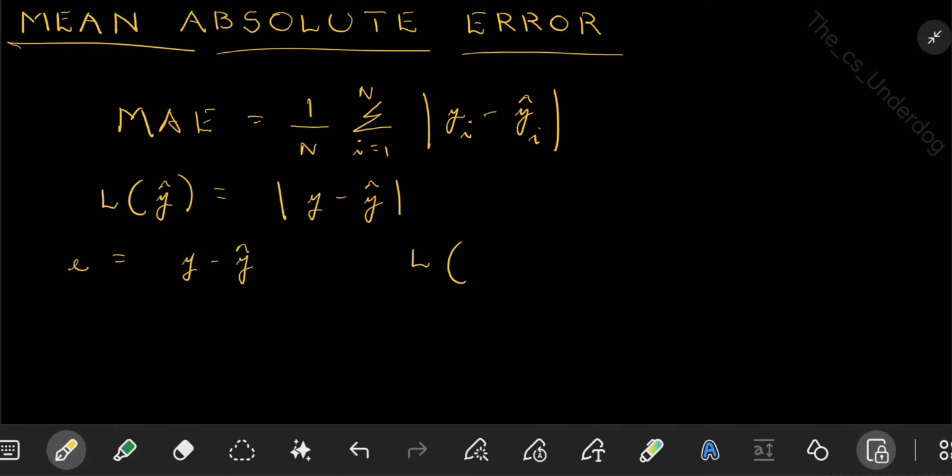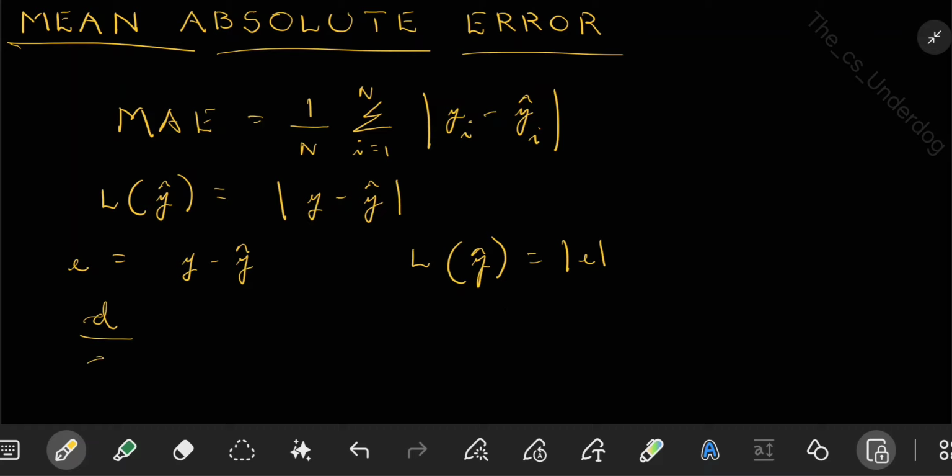And what is my loss? Loss can be written as mod E, because loss is mod of y minus y cap. So I can write it as mod of E. The next thing is I'm going to differentiate with respect to this residual. So with respect to the residual, if I differentiate the loss, what happens?